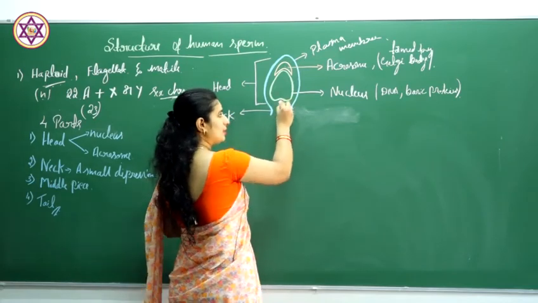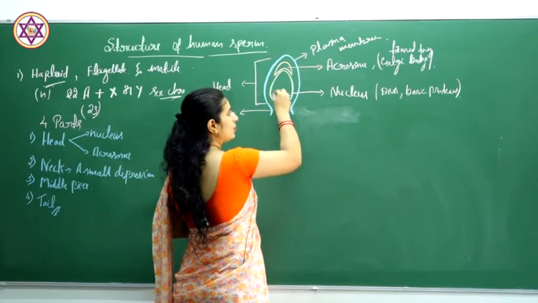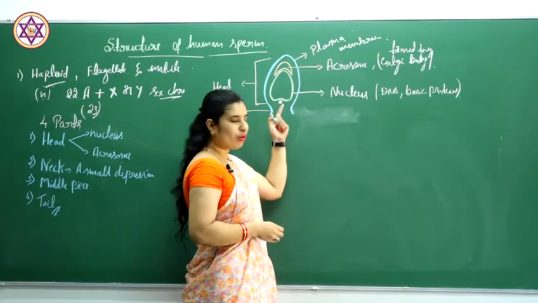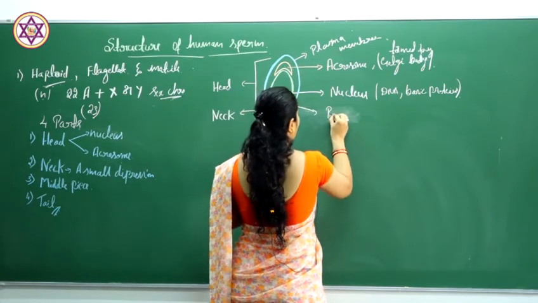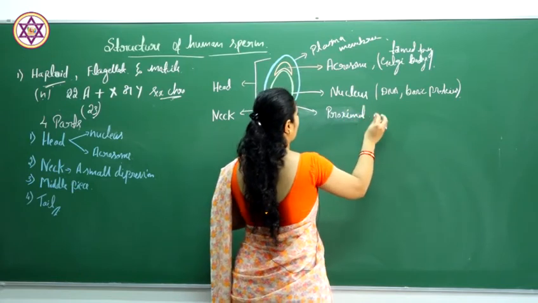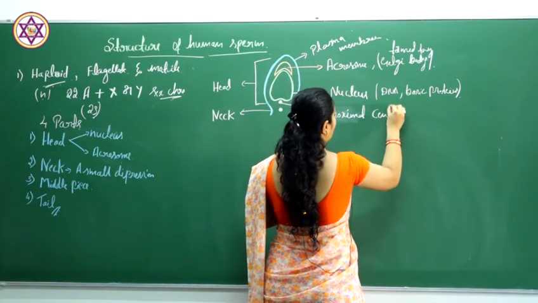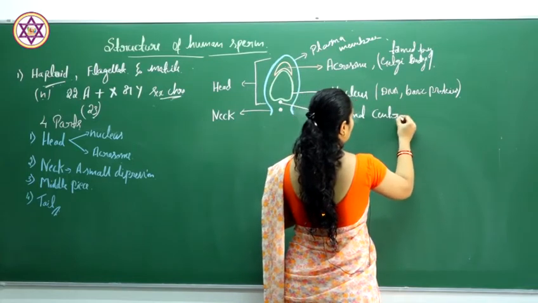These two are the centrioles, and the centriole present in the depression of the nucleus is called the proximal centriole.